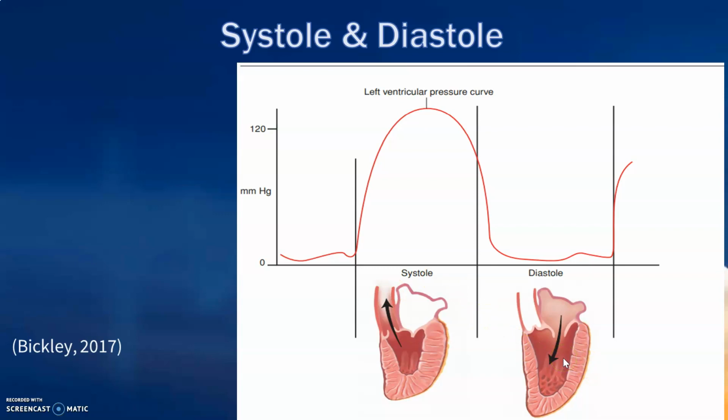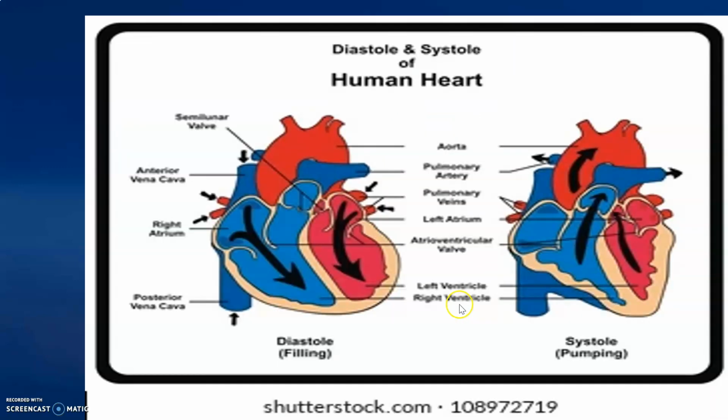Diastole is the relaxation of the ventricle. It relaxes so that the atrium can pour or force the blood into the ventricles, and the relaxation is called diastole. So let's look a little bit deeper at how these sounds are created.